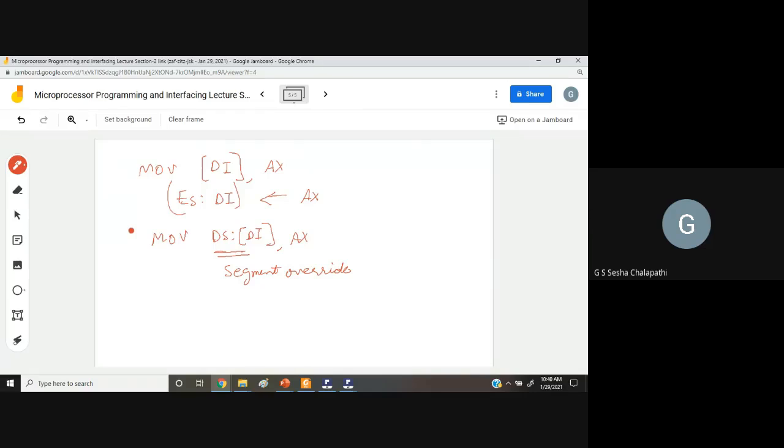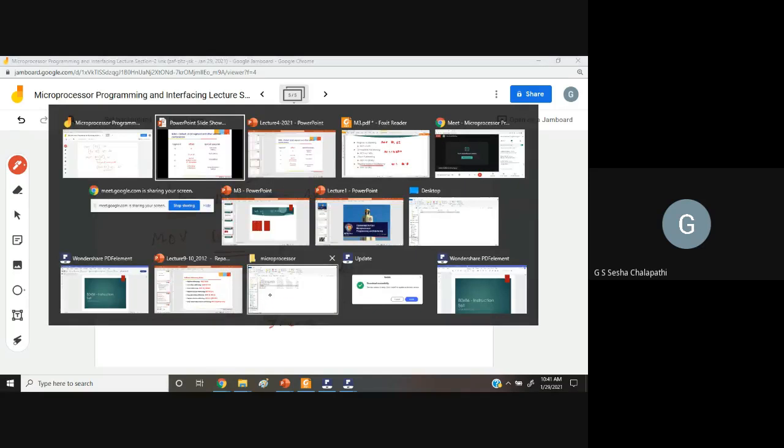I'm saying MOV DS:[DI], AX. In this case DS:DI will be used to provide the memory location, and into this memory location I will write AX. Right? Fine. Are you getting it?